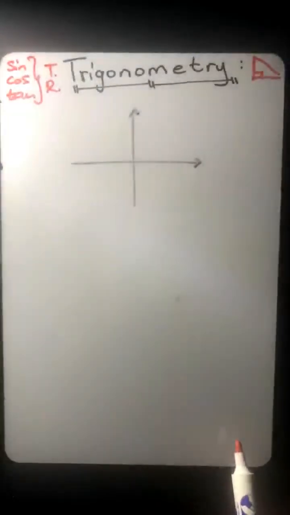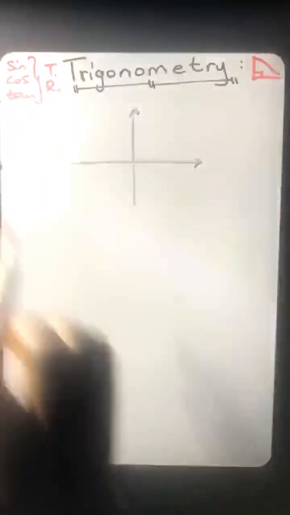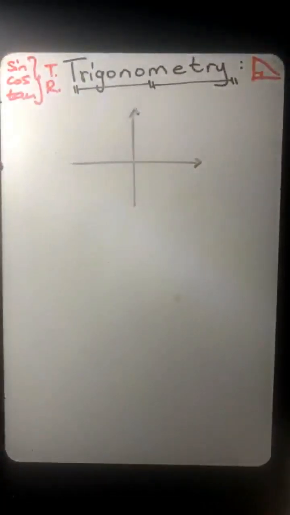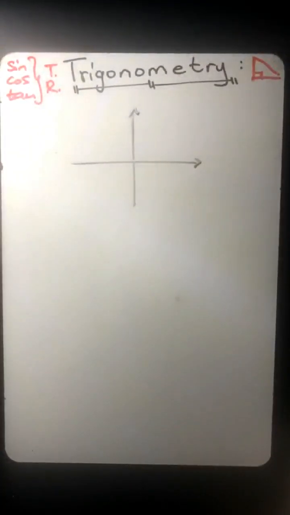These are what we call the trigonometric ratios. Every time I say trigonometric ratios, I'm talking about sine, cos, and tan. In addition, you can include the theorem of Pythagoras.